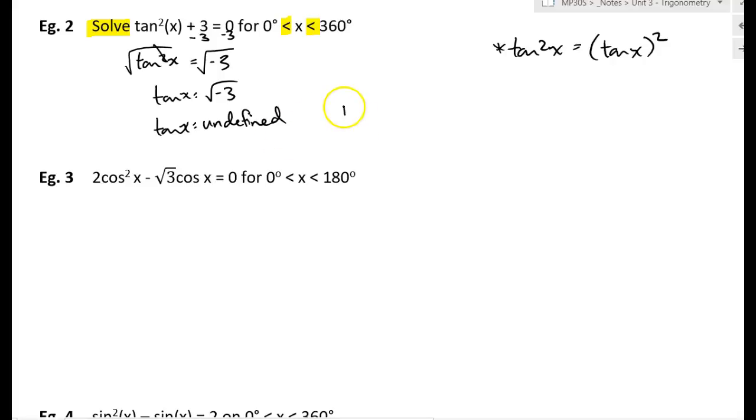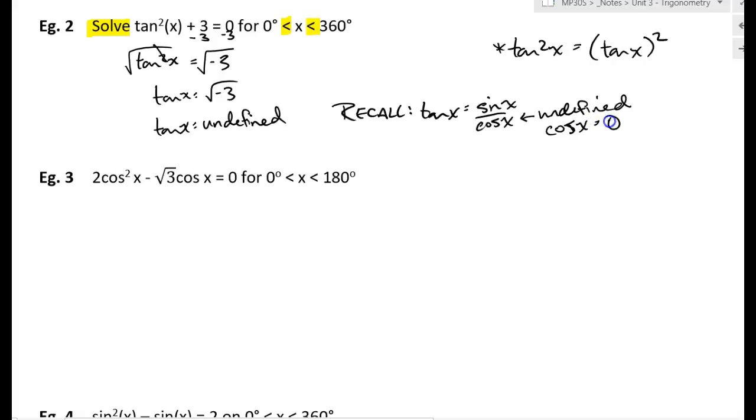Specifically, we recall that tan x is equal to sine x divided by cosine x, which means that it's undefined when cos x equals 0.